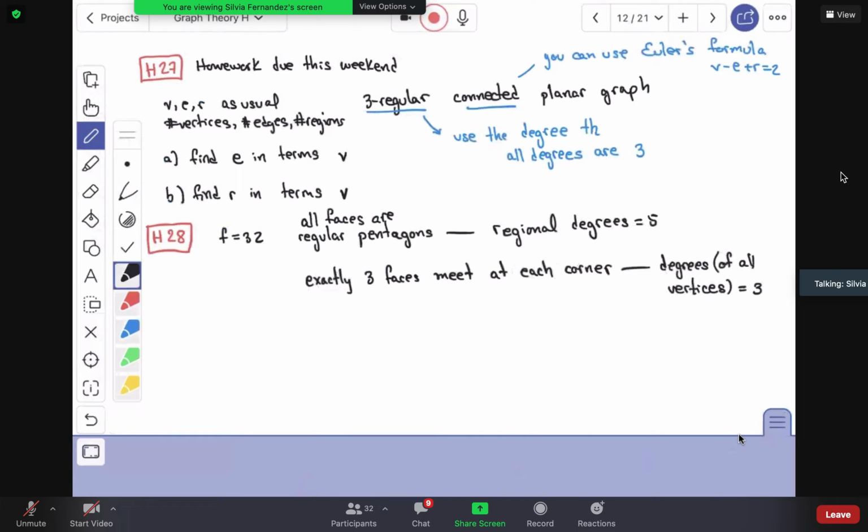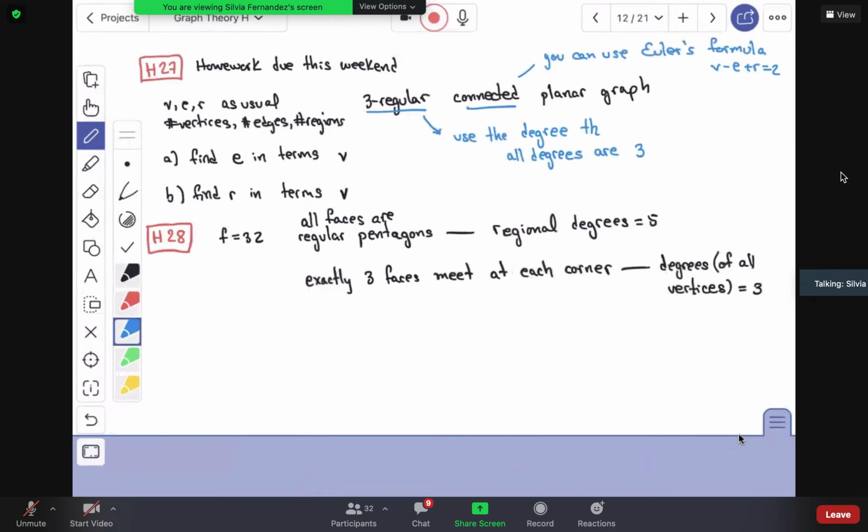And then it says, without looking at the ball, if you have a soccer ball, you can actually confirm your finding. Determine how many of each type of face there are. So in this one, not all the faces are the same shape. Sorry, I didn't read correctly.